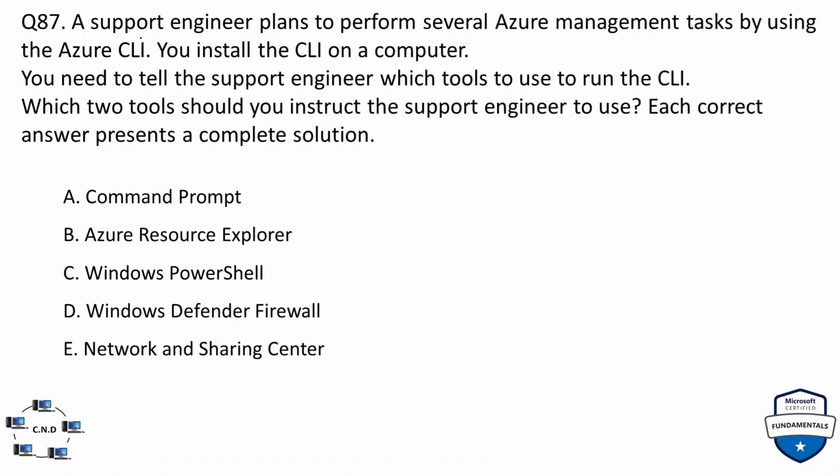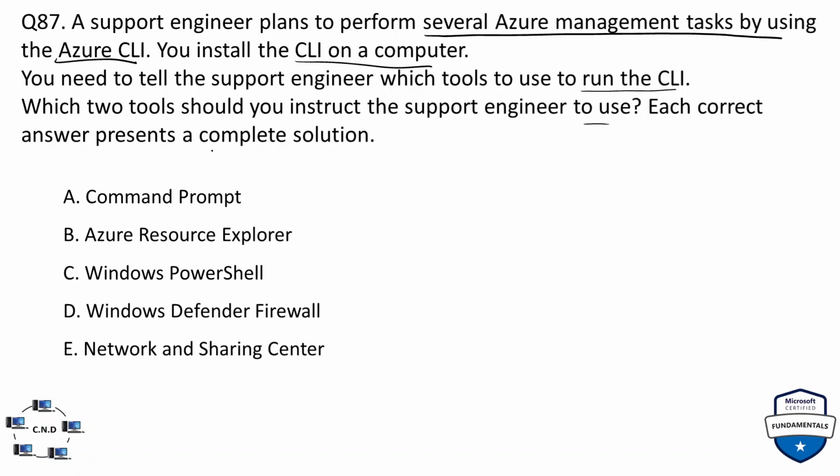Question number 87 is that a support engineer plans to perform several Azure management tasks by using the Azure CLI. You install the CLI on a computer. You need to tell the support engineer which tools to use to run the CLI. Which two tools should you instruct the support engineer to use?